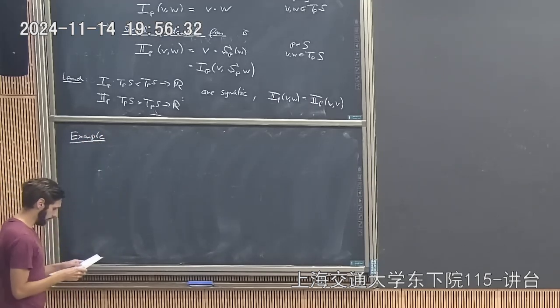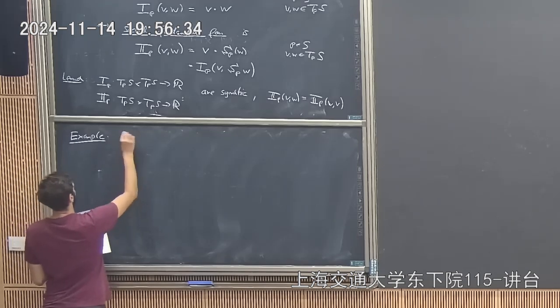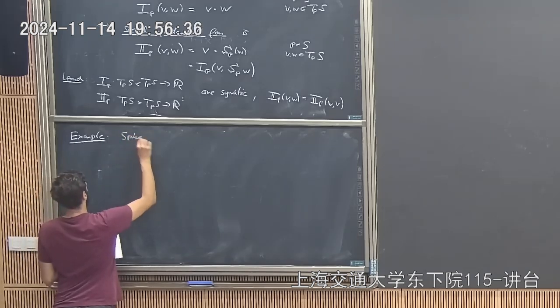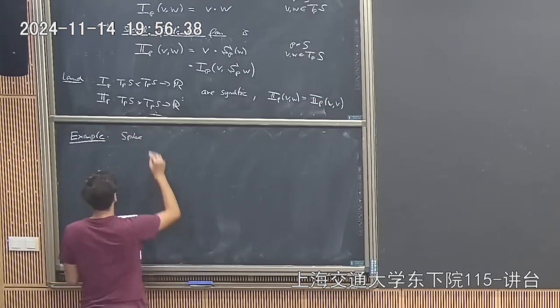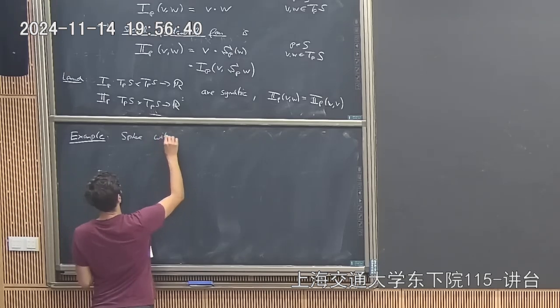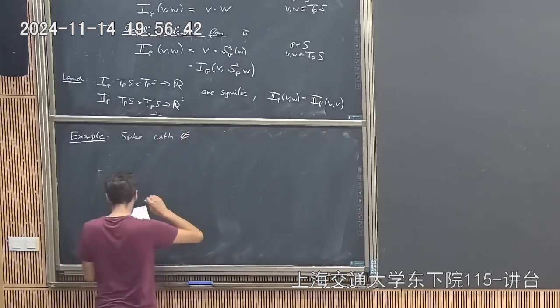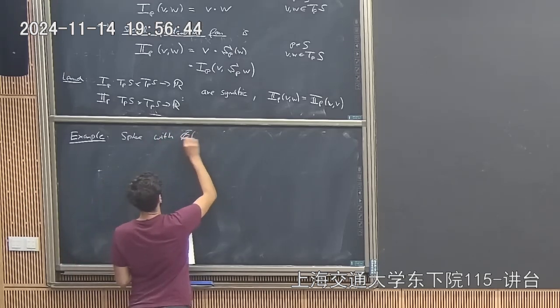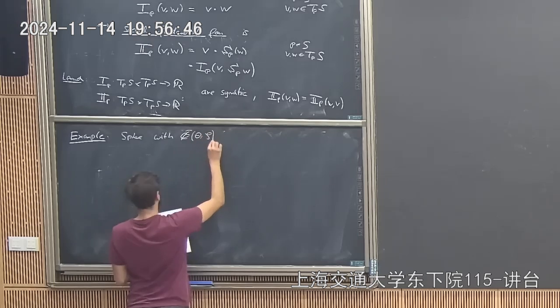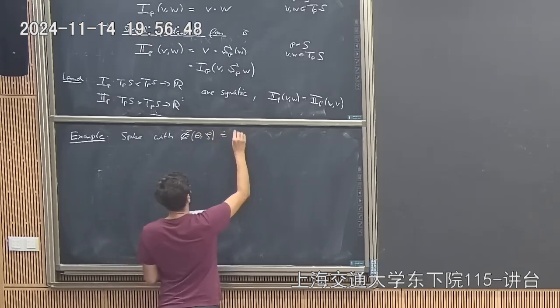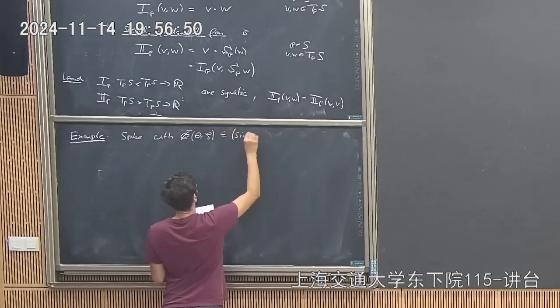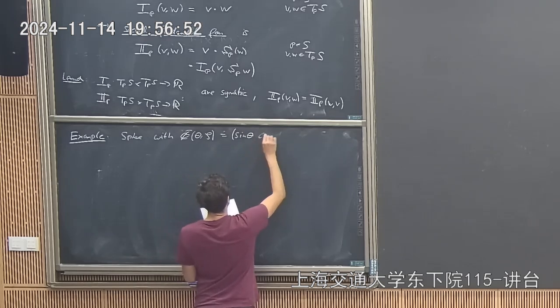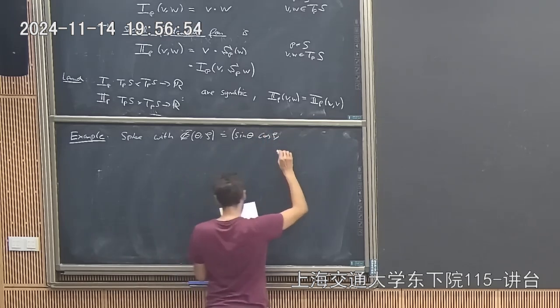An example is again the sphere, say of radius 1, which has the chart given by cosine theta sine phi, sine theta sine phi.